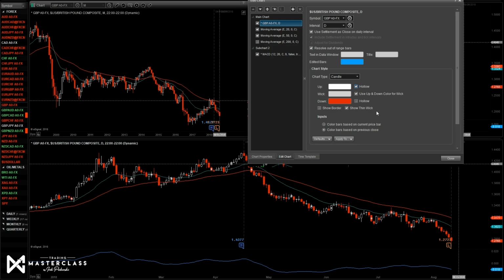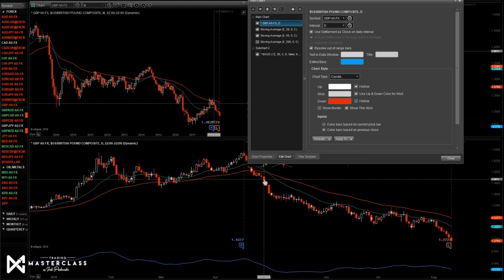I find that it's much cleaner, and I want my charts to be clean. So I use white for the bullish candlestick, and it's a hollow candle. It can be full if you want, but I like the look of the hollow. And I obviously use red for the down candle. You need one to be full, otherwise it looks weird. So this is how I have it set up.